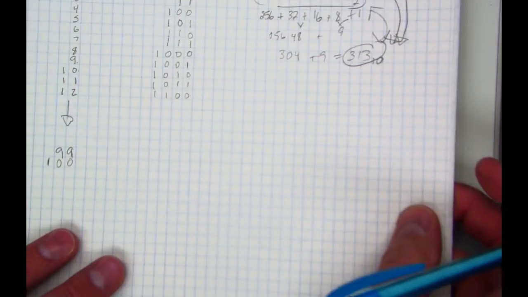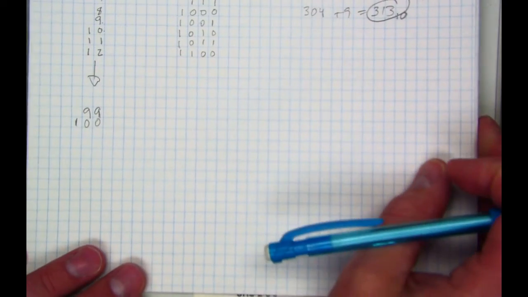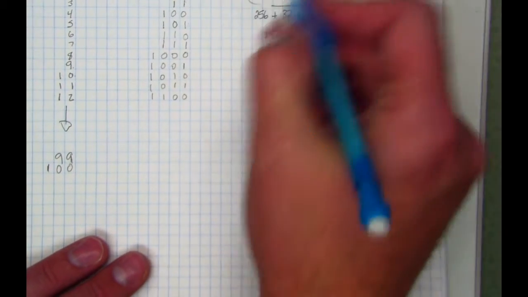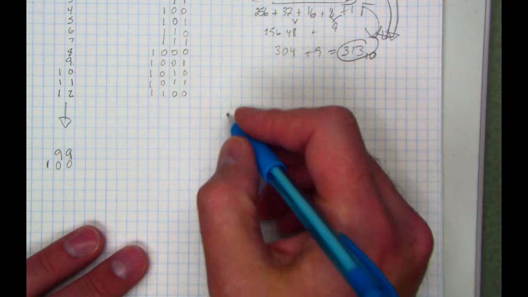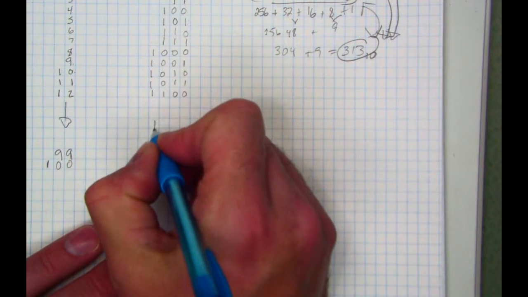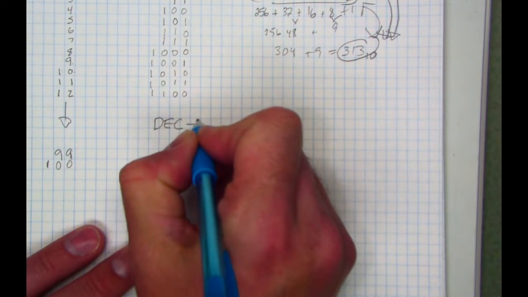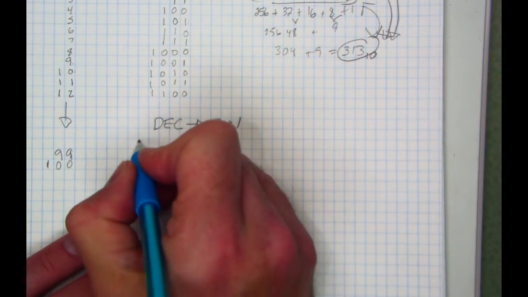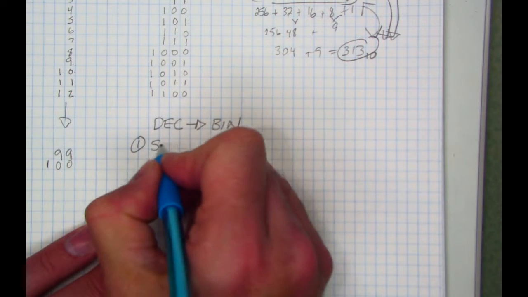But what if we want to go from decimal into binary? Let's just take the same 313 and see if we get the same binary number. That way we can check our work. All right, to go from decimal to binary, I'm going to use technique number 1. It's called successive division.